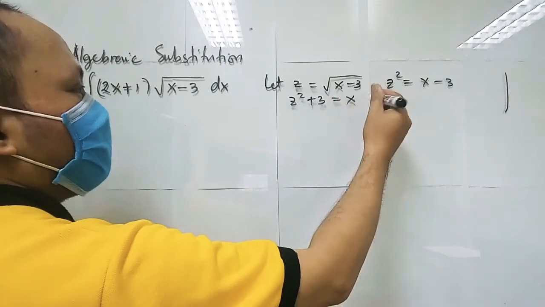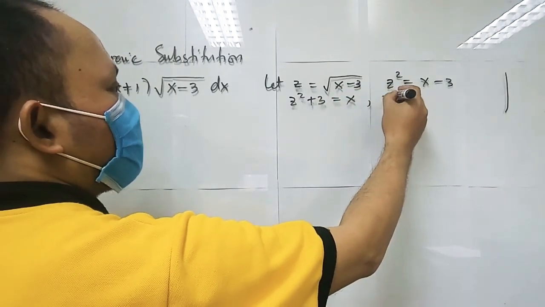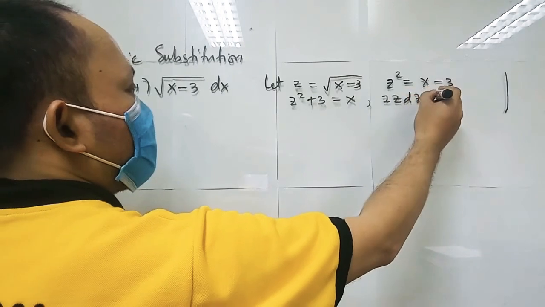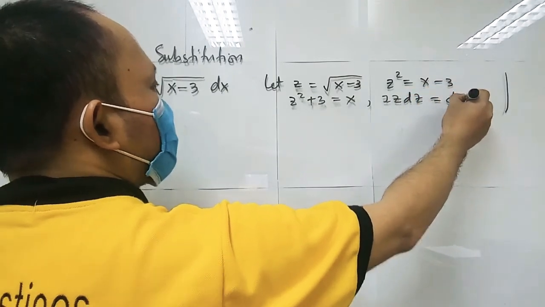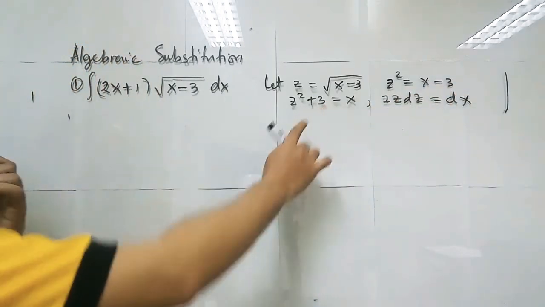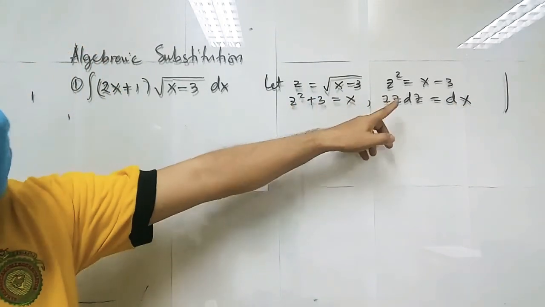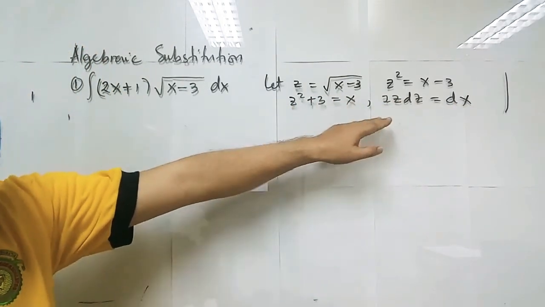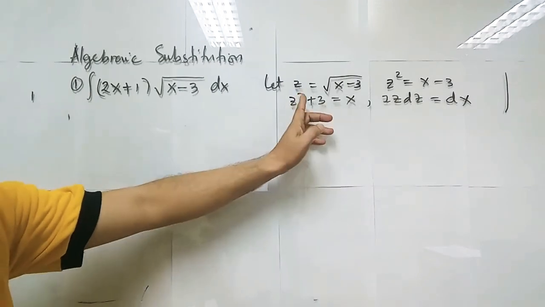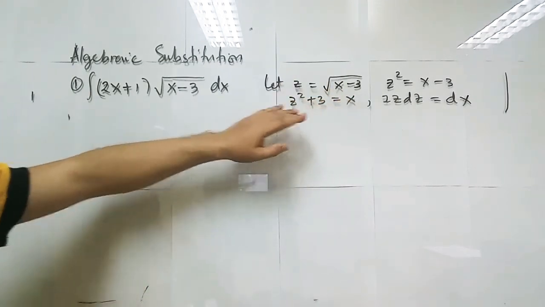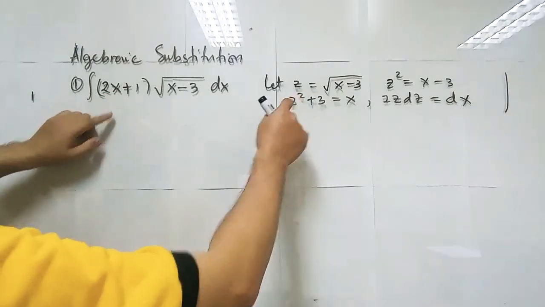Then take the derivative of this one, that is 2z dz, which is equivalent to dx. The derivative of 3 is 0. So the derivative of x is dx, and the derivative of z squared equals 2z dz.